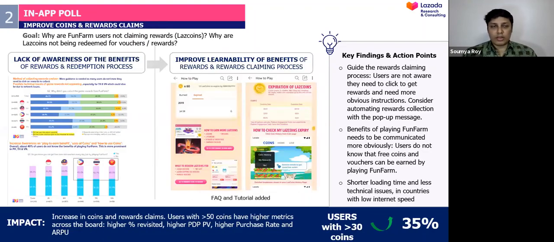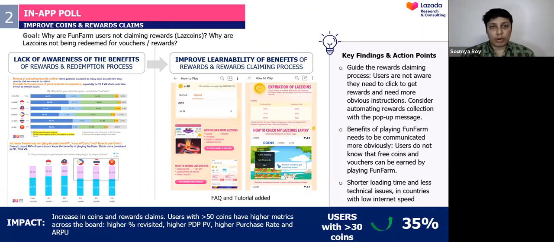Second is in-app polls. You can always do short in-app polls. You have an app, and where you feel there is a problem, when the user reaches there, a poll pops up and takes a quick opinion from them.